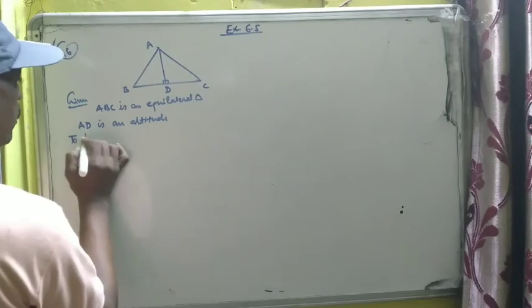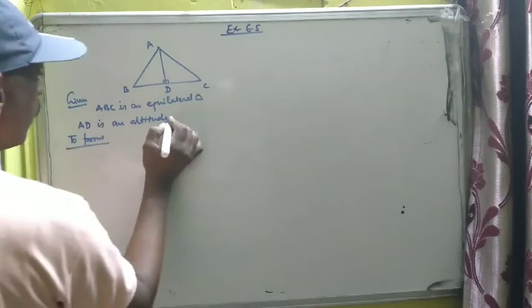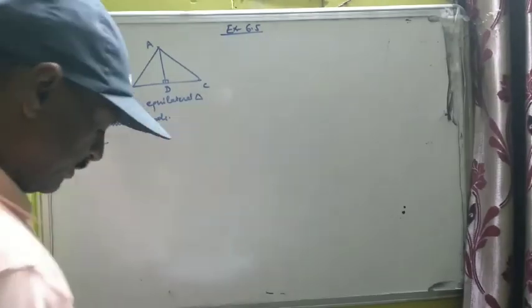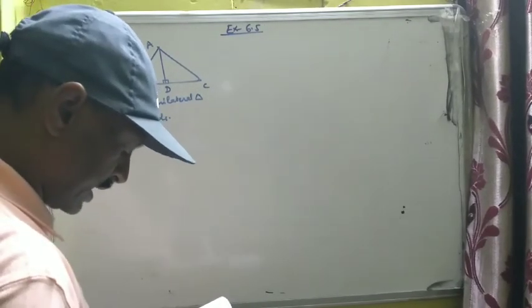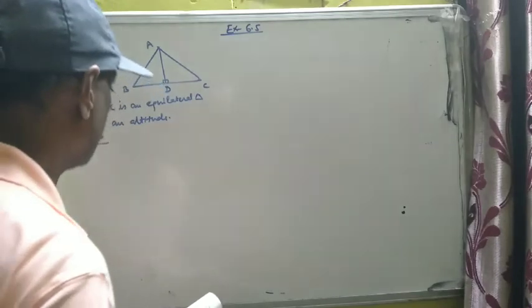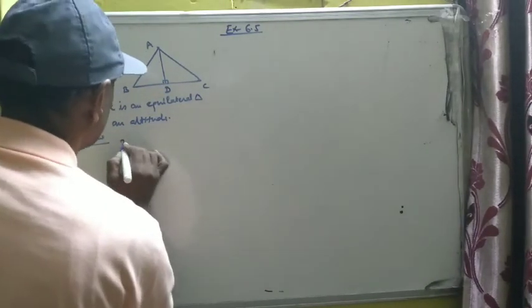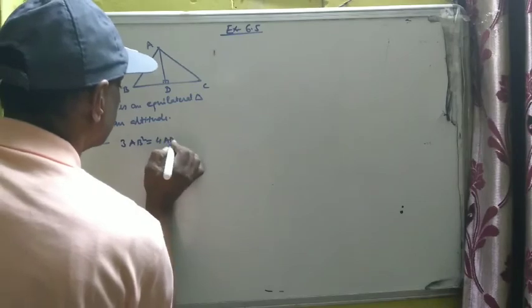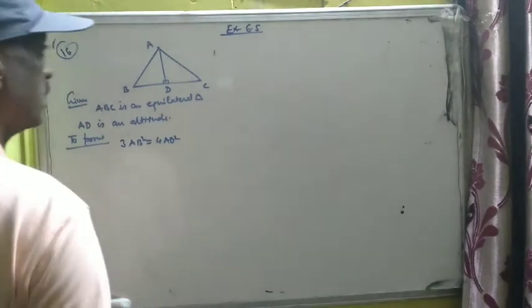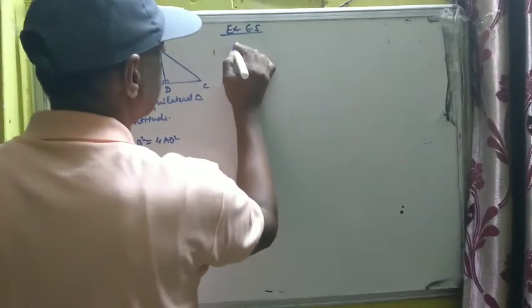It is given to prove that 3 times square of one side is 4 times the square of altitude, so 3AB square will be equal to 4AD square. So now prove this.